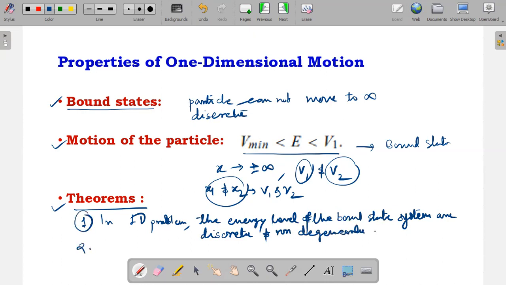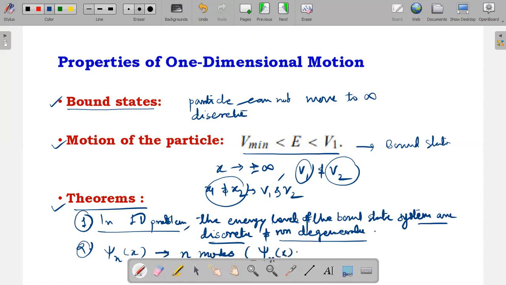Theorem one: in a one-dimensional problem, the energy levels of bound states are discrete and non-degenerate. And second, the wave function psi n of x of a one-dimensional bound state system has n modes, that is, psi n of x vanishes n times.